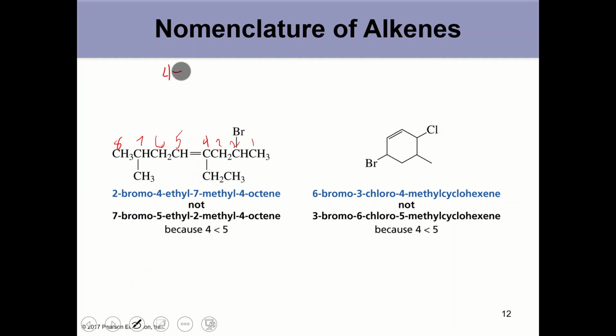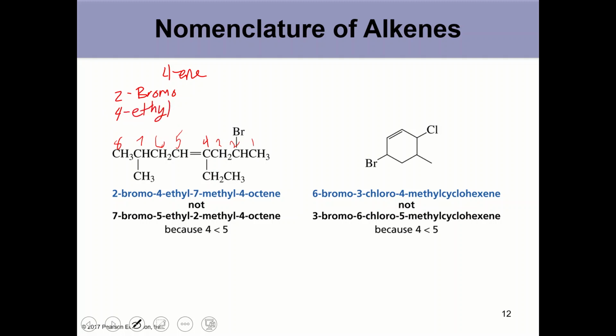And write it down. Don't just put it in your head, because sometimes you will forget something if you only have it in your head. So we have the alkene at carbon 4. We have bromo at carbon 2. We have ethyl at carbon 4.